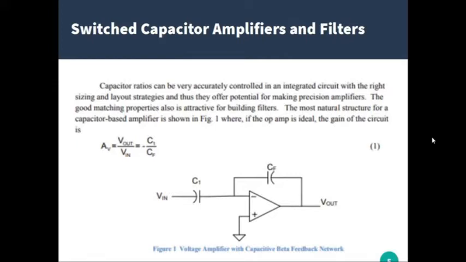Okay, so those usually involve resistors to calculate the gain around the amplifiers. But since we are dealing with sensors and we are trying to make the amplifier as precise as possible, in this topic we will be using capacitors since they have good potential for making precision amplifiers.